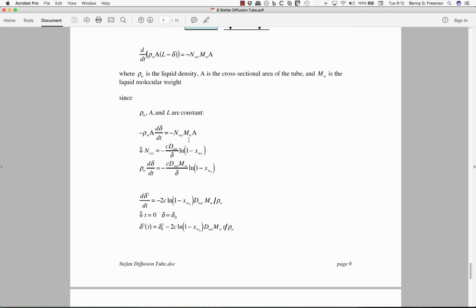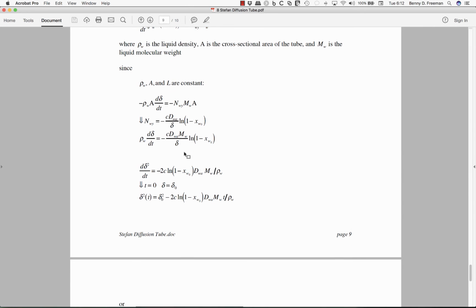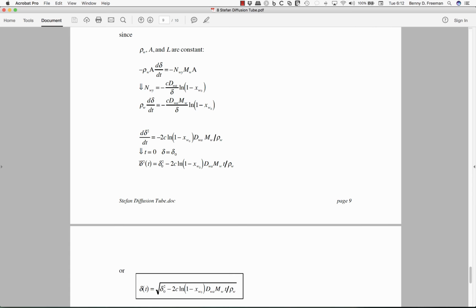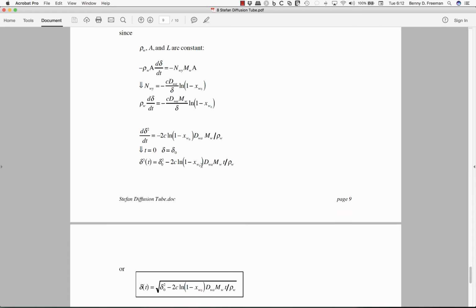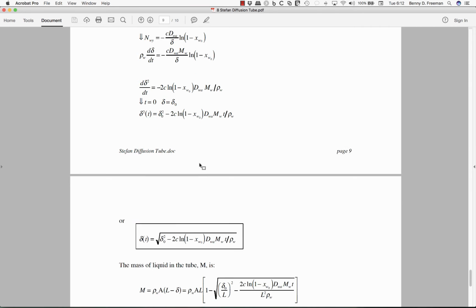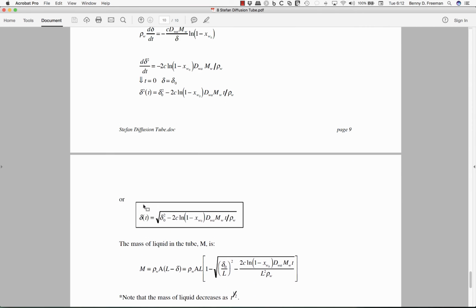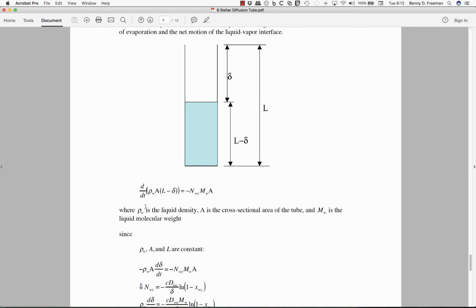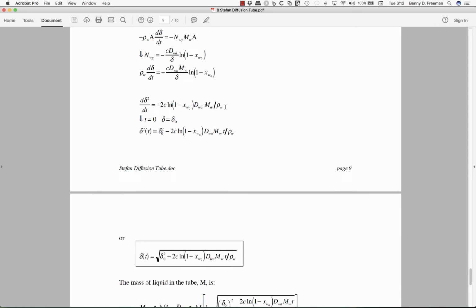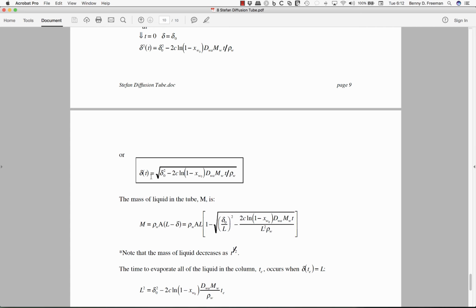And so we can plug in our expression for the flux and integrate this expression to get a result that's very similar to what we saw in our earlier analysis of the Stefan tube problem. This is basically an expression for the gas phase height in this tube, delta, and how that changes with time.